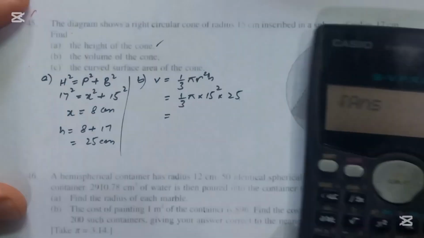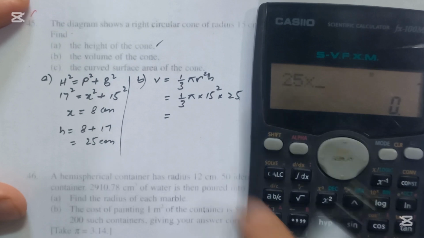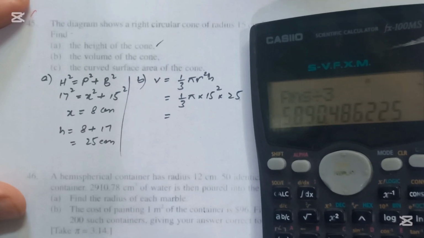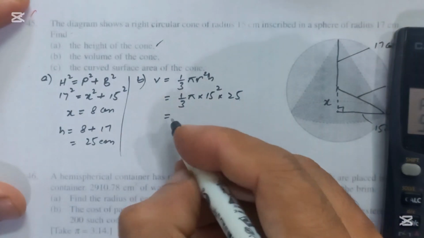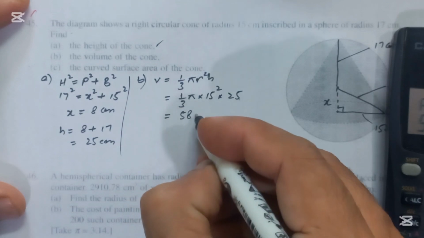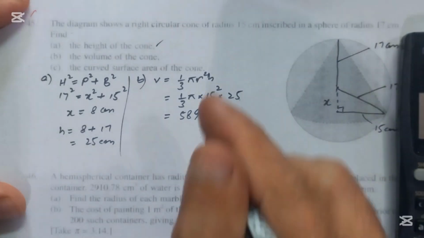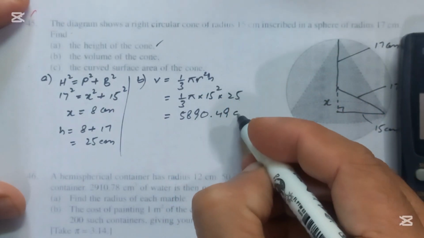Solve the values on the calculator. 25 multiplied by 15 square multiplied by pi divided by 3. So 5890.49. Unit will be centimeter cube.